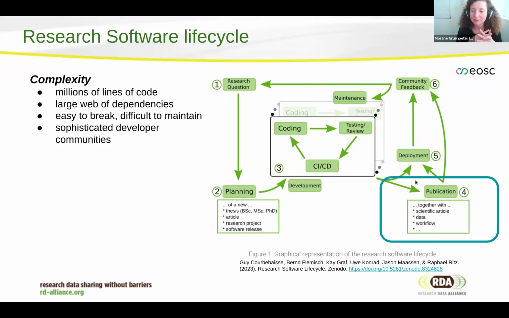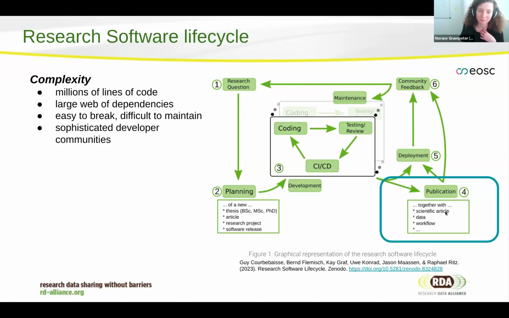I've added it to show you the complexity of software development, and software development in the research context. And when we talk about infrastructure for research software, we actually focus on this part of publication and dissemination. The other parts here are also very important, and we need infrastructure for those, but we are focusing on this particular part.